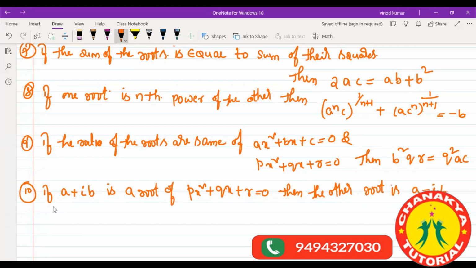Here a plus ib we know, the other root is a minus ib. 5 plus 6i, then 5 minus 6i. 3 plus 4i, then 3 minus 4i.